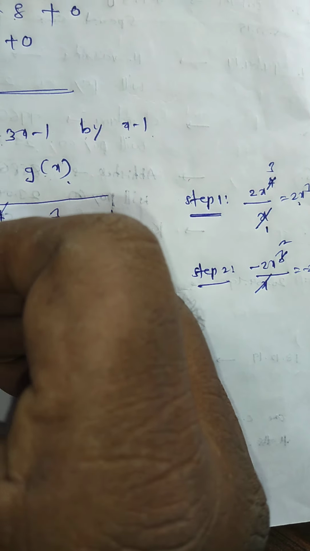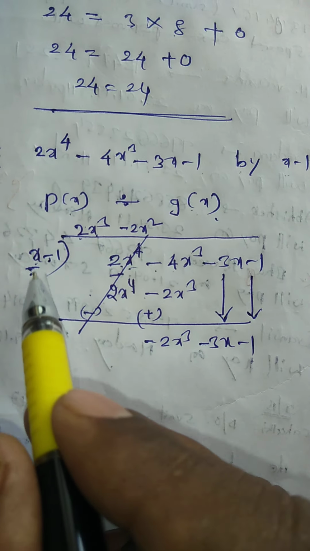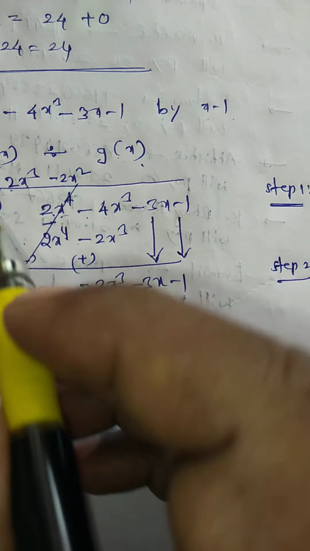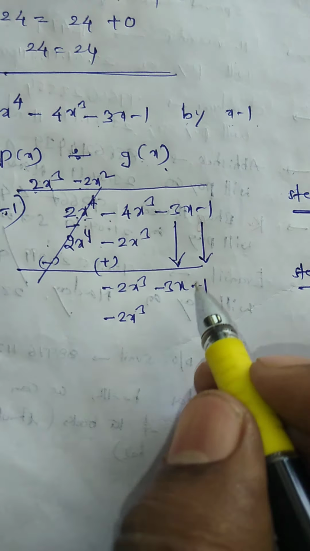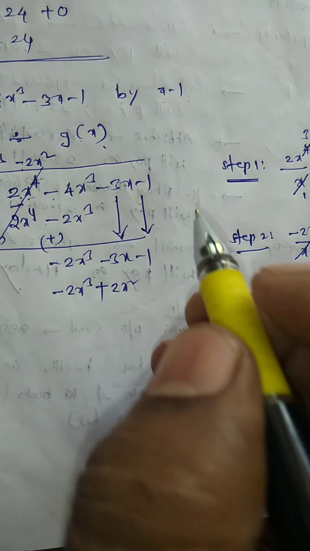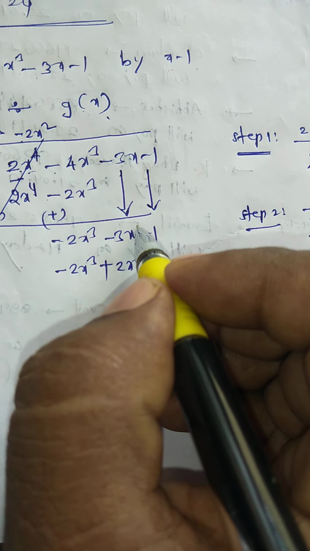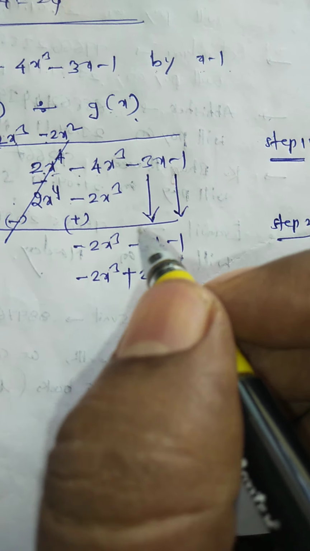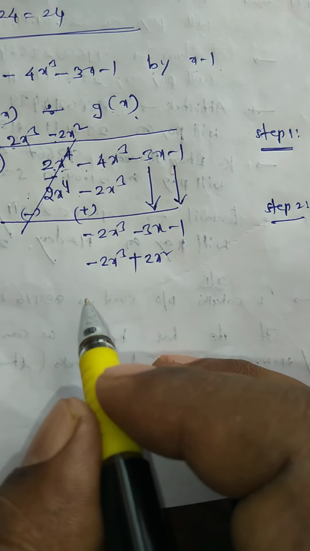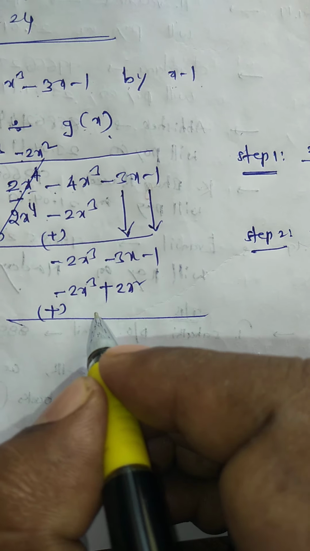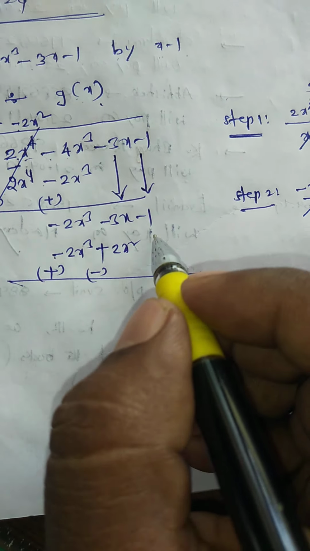The remaining part we write here: x into minus 2x square is minus 2x cube; minus into minus is plus 1 into 2x squared, 2x squared. Minus becomes plus, plus becomes minus, the remaining we bring down.